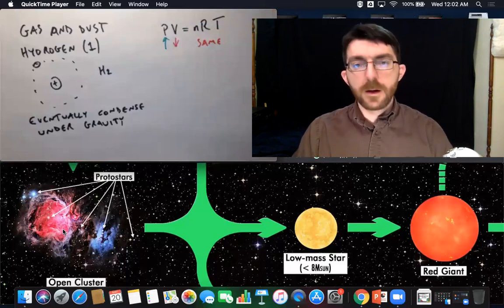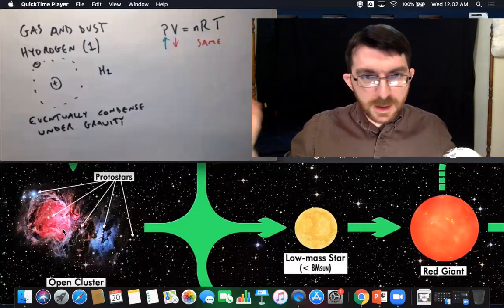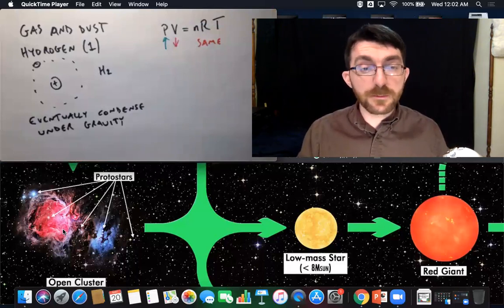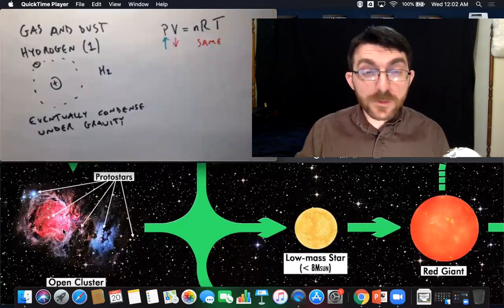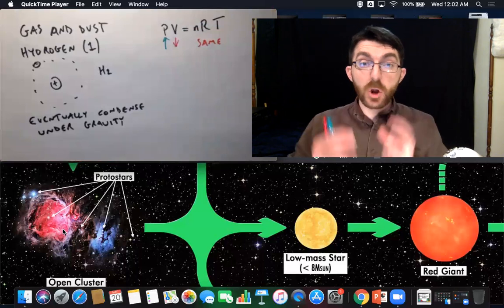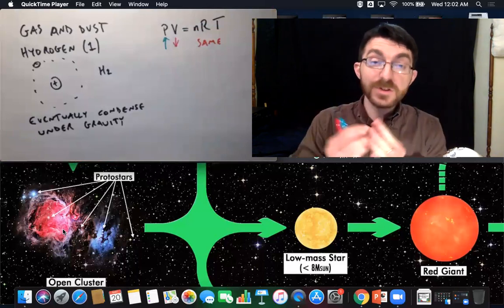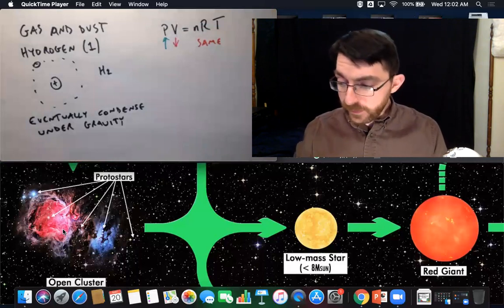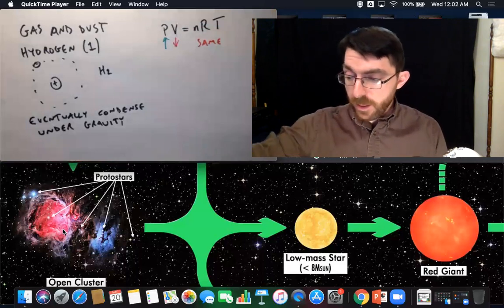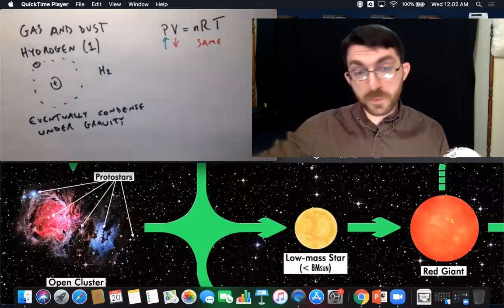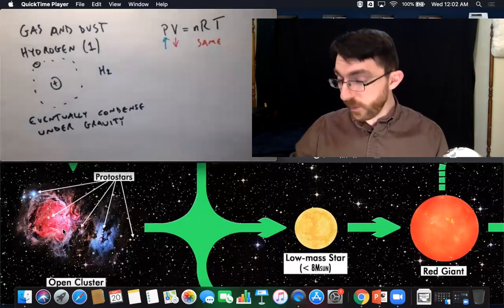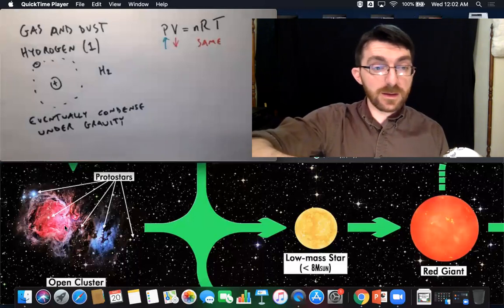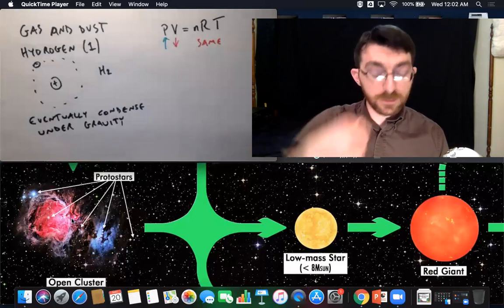Now, like I said, not to confuse the issue with too much chemistry, the point is that when this cloud is collapsing, what's going to end up happening is all of those hydrogen atoms are going to get really tightly crammed together. And when atoms get really tightly crammed together, they start to produce heat. And so that's what we end up with in these protostars, okay?